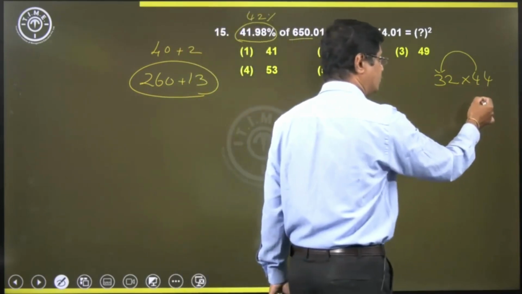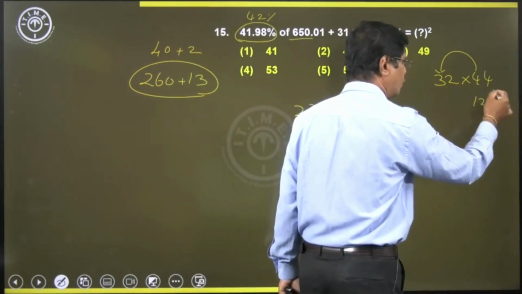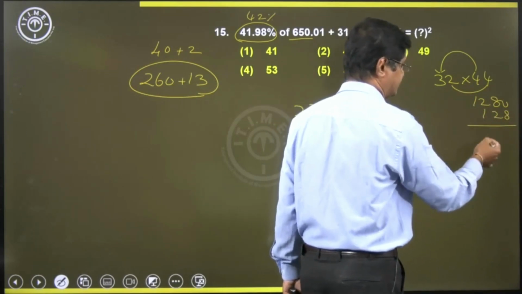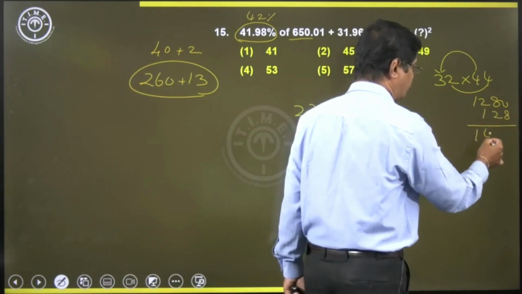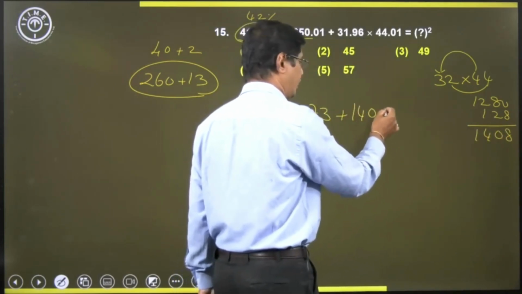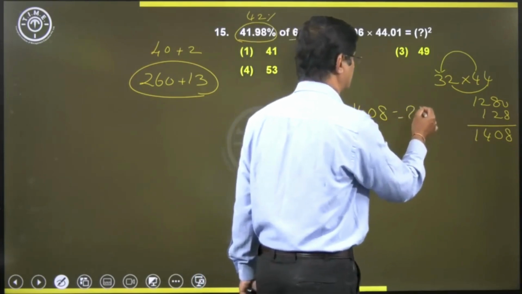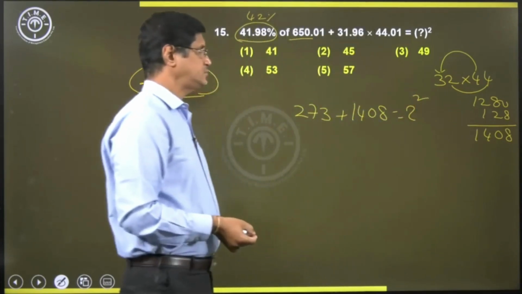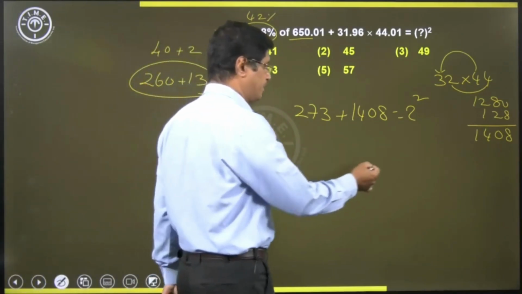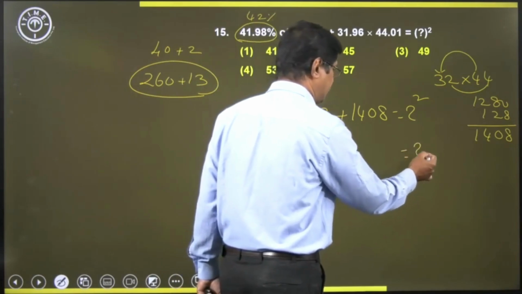So 40 times means 1280. 4 times means 128. By adding this, what is the result? 1408. So 1408 is equal to question mark square.